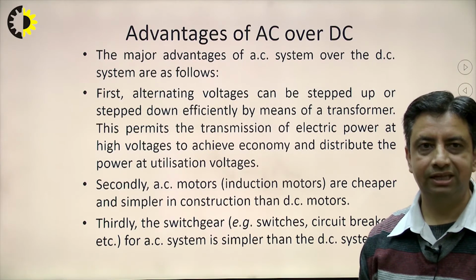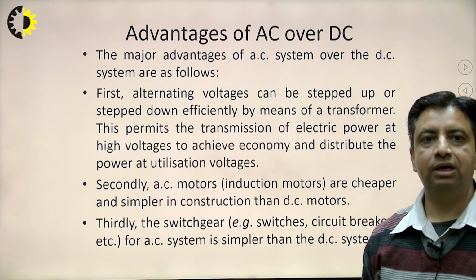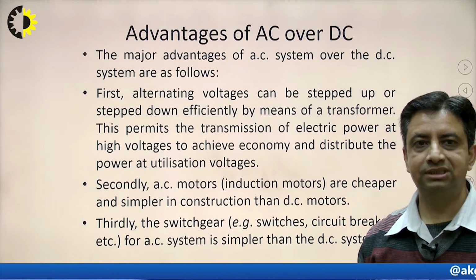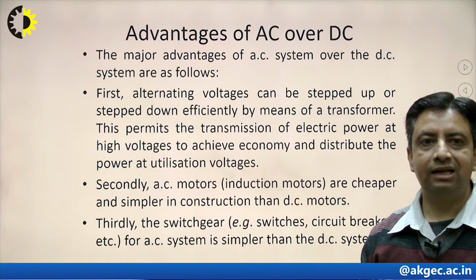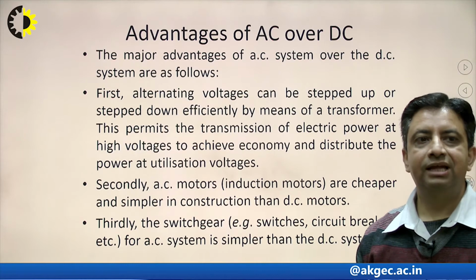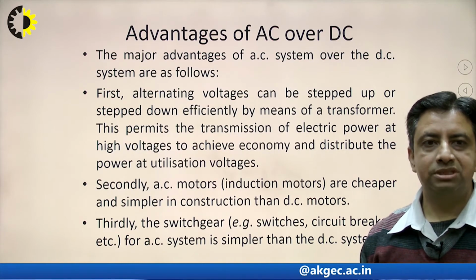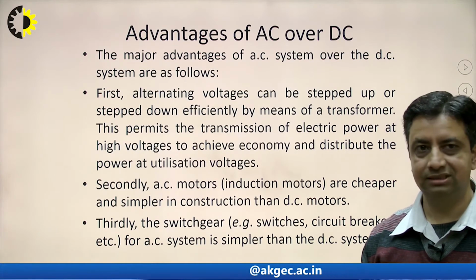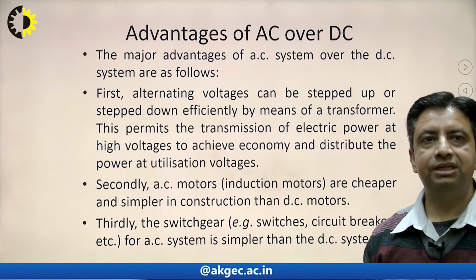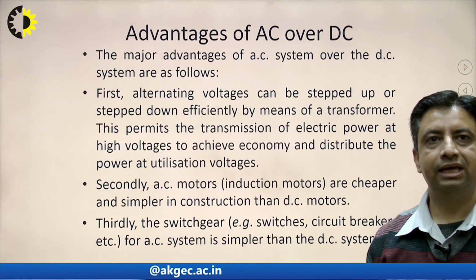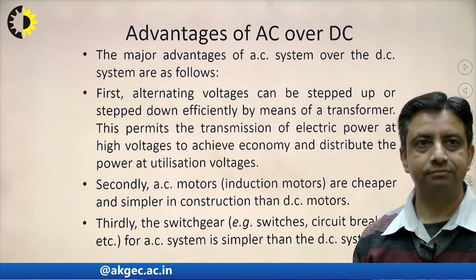So it is very easy to break that AC as compared to the DC system, where we don't get that natural zero. That's why AC systems are simpler as compared to DC systems. So these are the major advantages of using AC over DC.